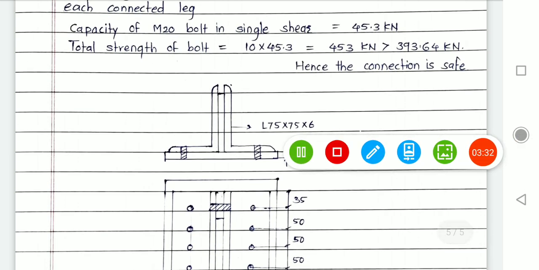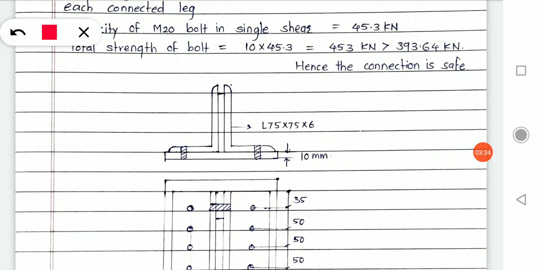To answer that question, let's see the arrangement. See, in this arrangement you can see this one is your gusset plate, and the angles are connected on the same side. The angle size is the same, an angle of 75 by 75 by 6 mm thickness.